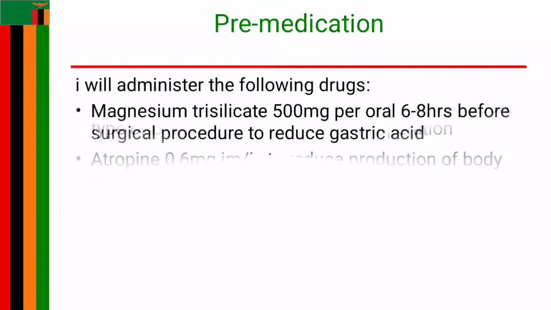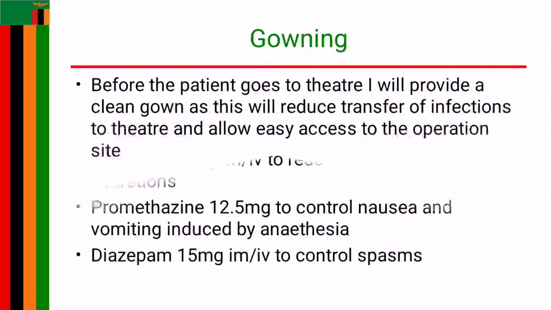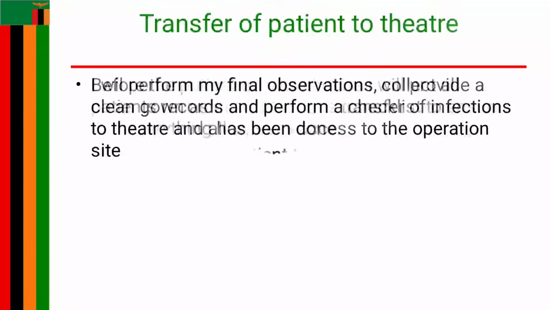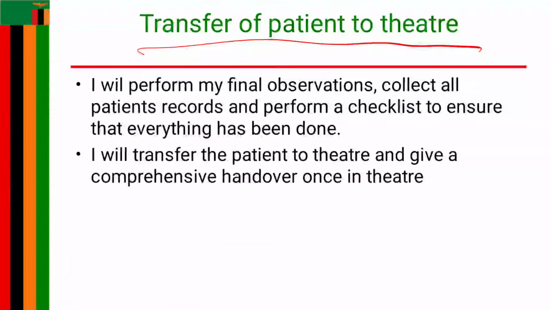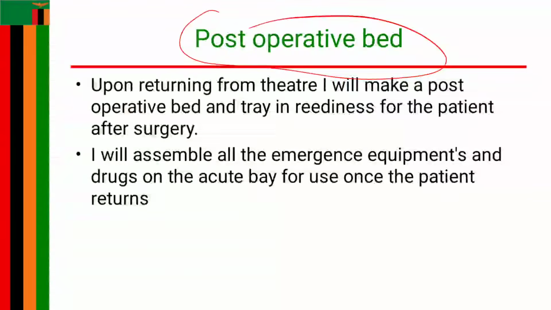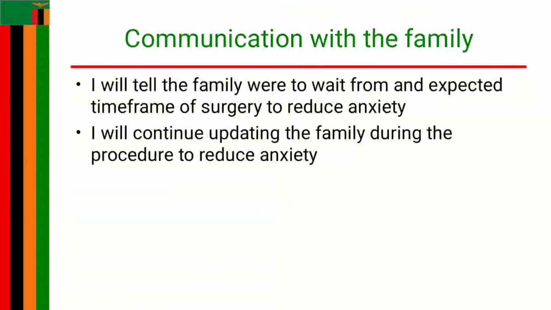From there, of course, you move on to pre-medication, gowning, and transfer of patient to theater and post-operative bed, and the last heading becomes communication with the family. So this is the emergency pre-op that you need to apply in this particular condition, the way this scenario was.